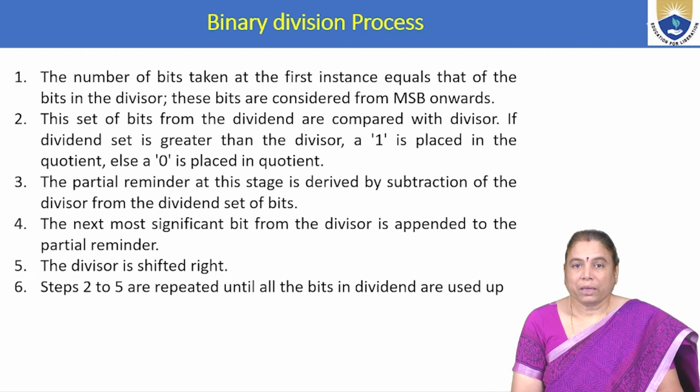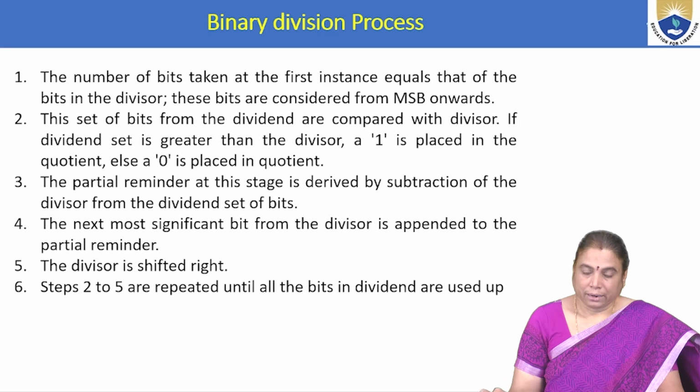Starting from the MSB, if the MSB contains a 1 in the higher order bits, then that number is treated as greater. If the quotient bit is 1, the divisor is copied, and if it is 0, zeros equal to the number of bits of the divisor are copied, and the subtraction is performed to get the partial remainder.